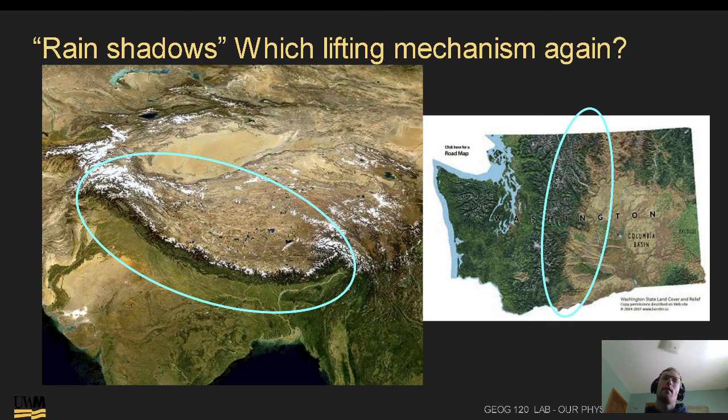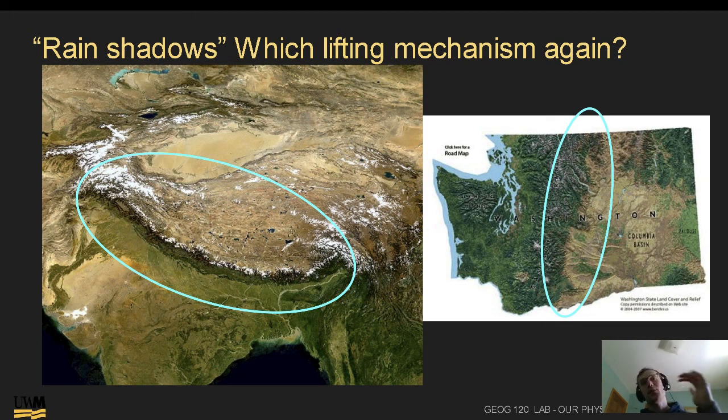So the wind is bringing moist air off of the Pacific Ocean, and it's relatively flat until you hit the Cascade Mountains, at which point that wind wants to go over the mountains, and it's forced to rise due to orographic lifting. And when it does that, clouds form, and lots of rain may occur, so that water that's in the air gets forced out, so the air becomes drier.